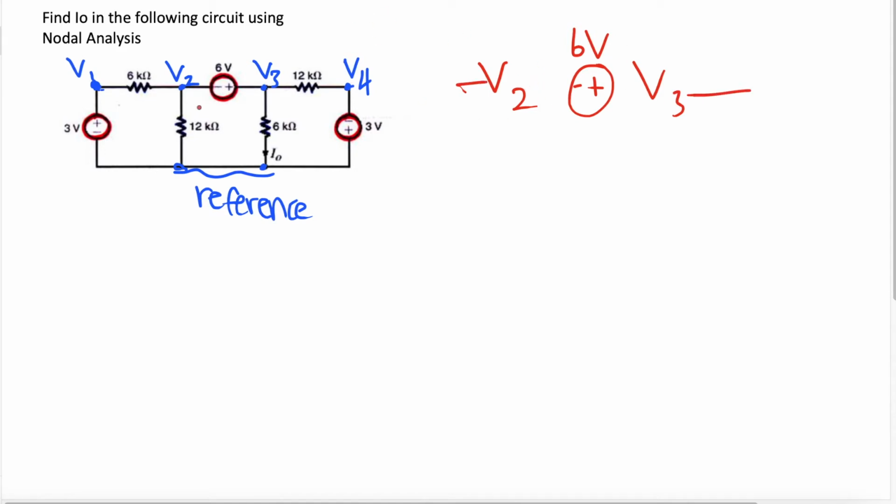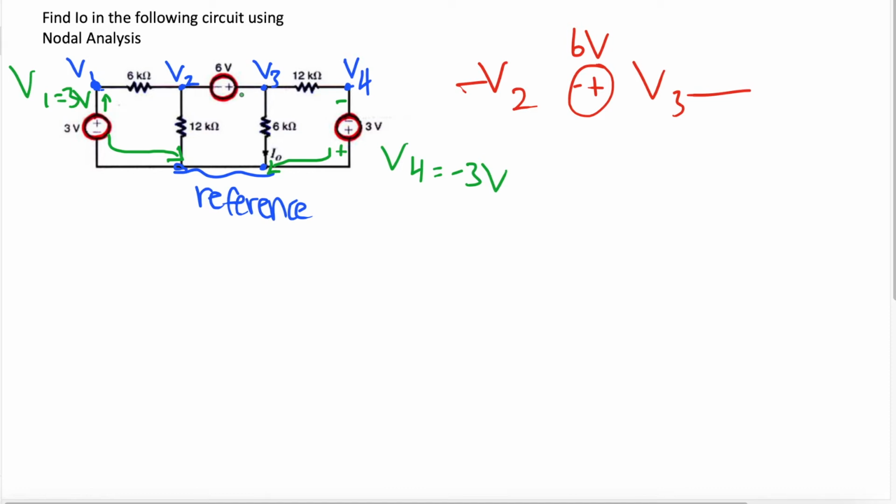Now, whenever there's a charge in between 2 nodes that's not connected to the reference node... For example, we can see that V1 is equal to 3 volts, and we know that because V1, the plus side is going here, but the negative side is connected to the reference node, like it's a straight path. We also know that V4 is equal to negative 3 volts, because the negative side's here and the plus side's over here, and the plus side is connected to the reference node on the bottom.